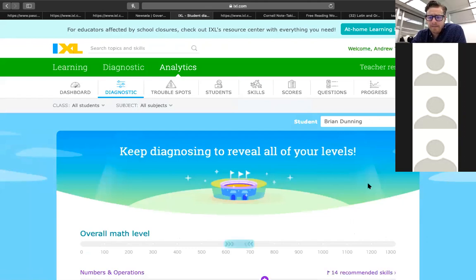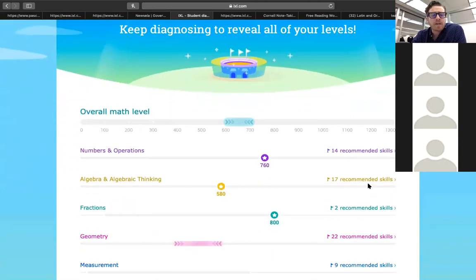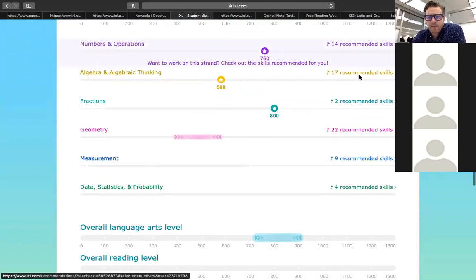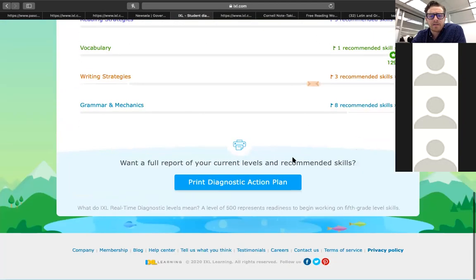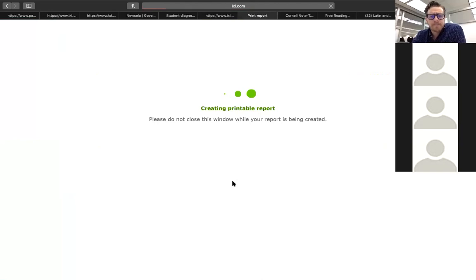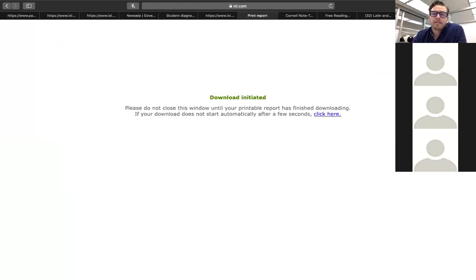Is that okay? Of course. So here are his different levels, and he's got all these different recommendations to go through. And we can literally print out a diagnostic action plan if it works. And it's going to work.